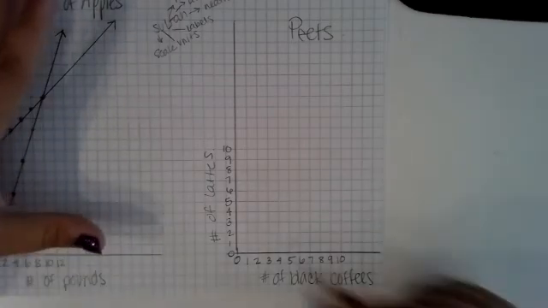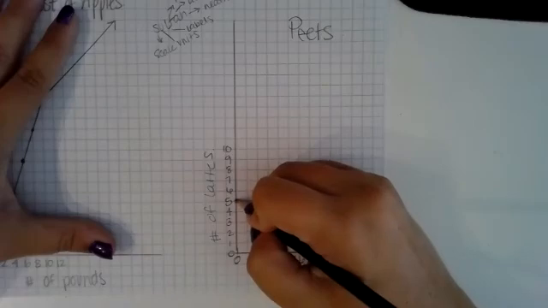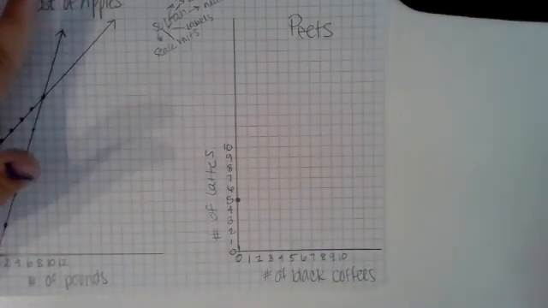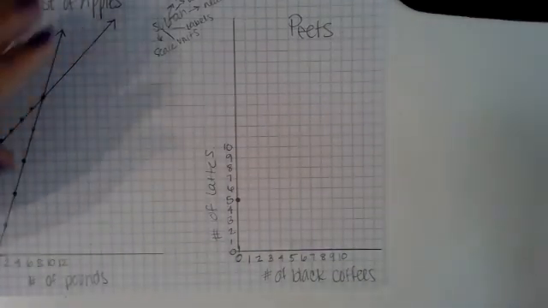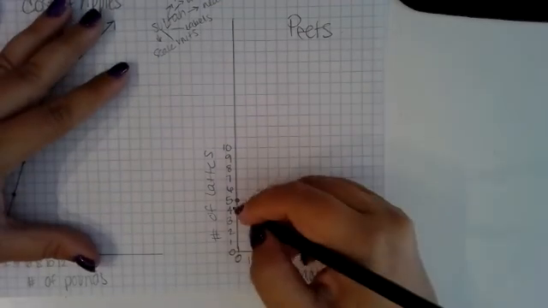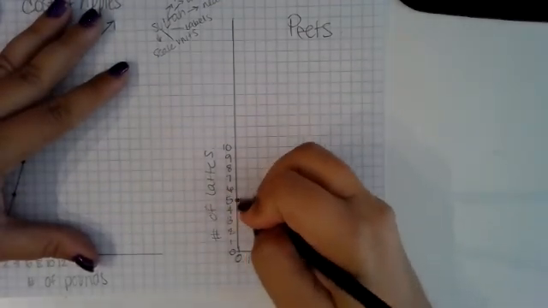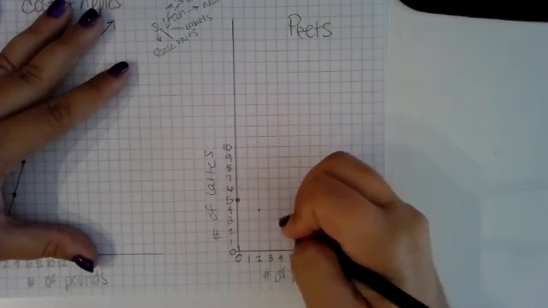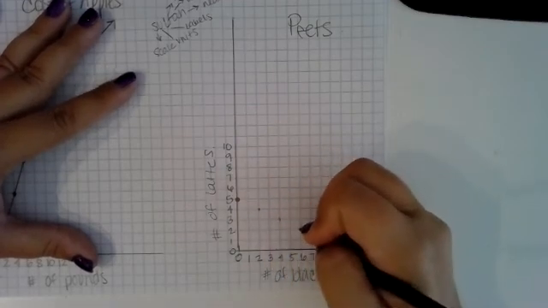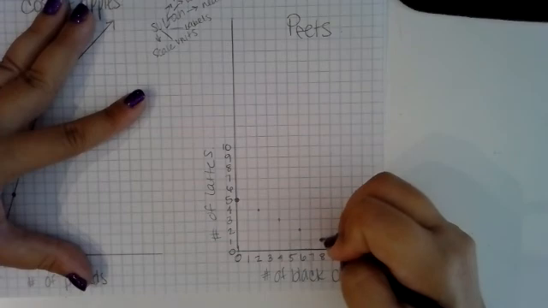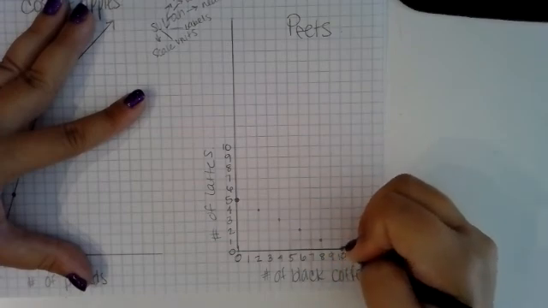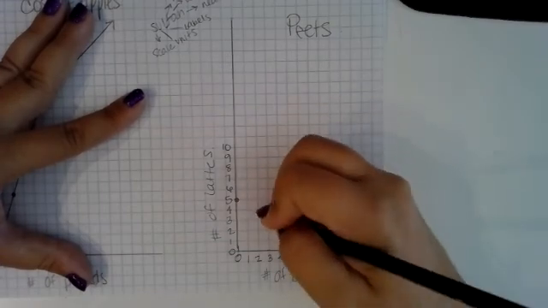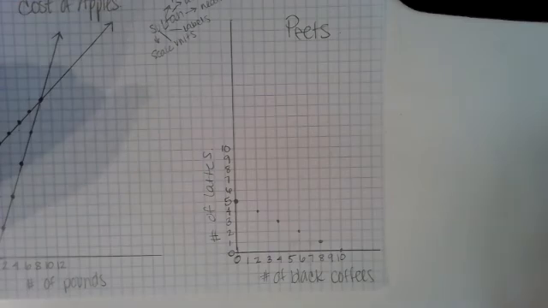So if I did that, I would plot this at 5, because that's my y-intercept, and then I have a negative slope of 1/2. So down 1/2, down 1/2, down 1/2, down 1/2, down 1/2. Okay, that looks awesome, right? And then obviously I'm going to connect this line, right? So I'm going to connect it.